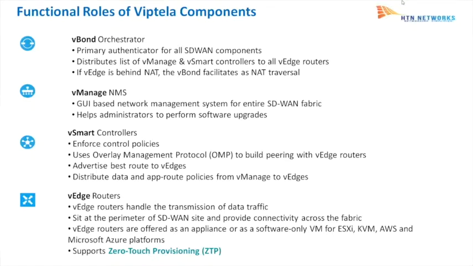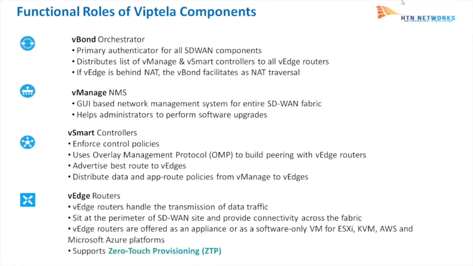The vSmart controller enforces control policies. It uses a protocol called OMP, Overlay Management Protocol, to build peering with all the vEdge routers. All the control plane traffic that traverses between the vSmart and vEdge routers uses this OMP protocol.